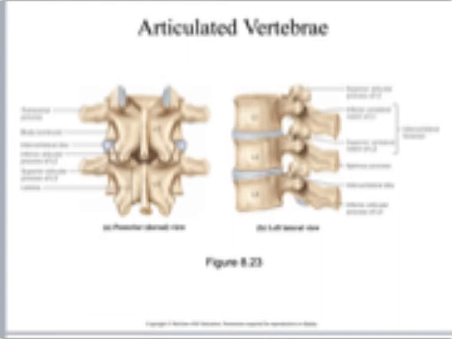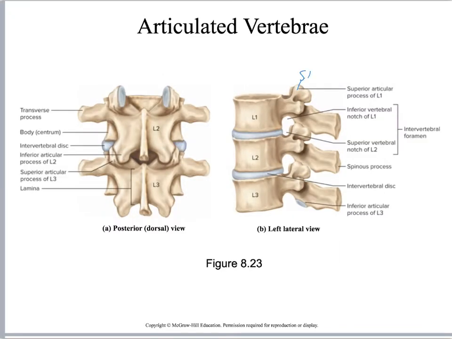All right, so now we're looking at a drawing that shows you how these are stacked on top of each other. So right here is my superior articular process with a facet on it, okay? And then it's difficult to see, but basically right under there is going to be the inferior one.